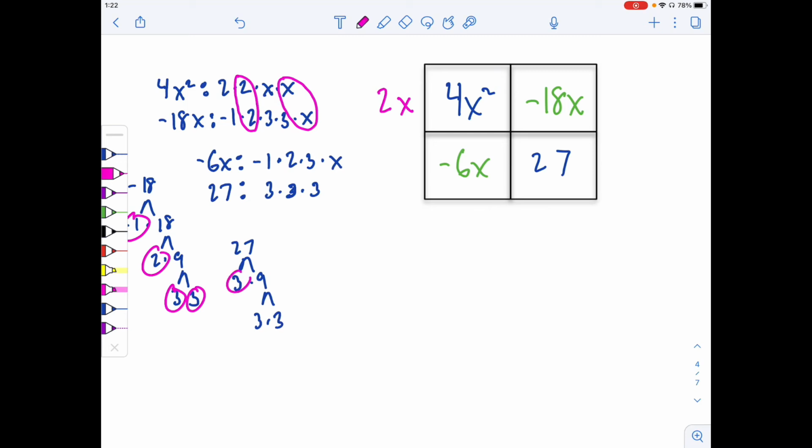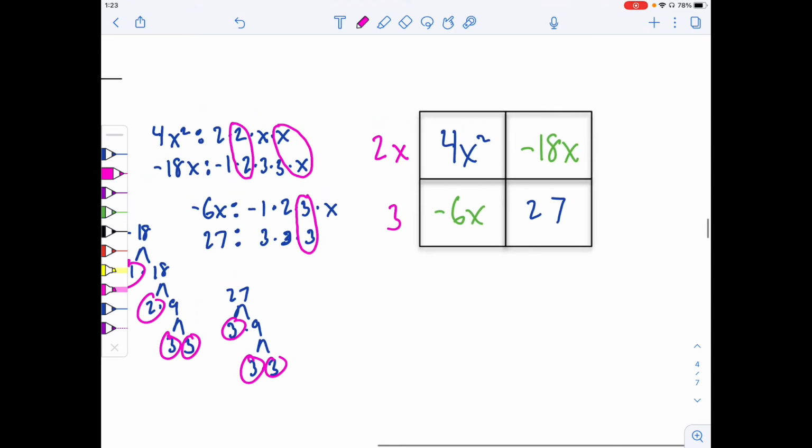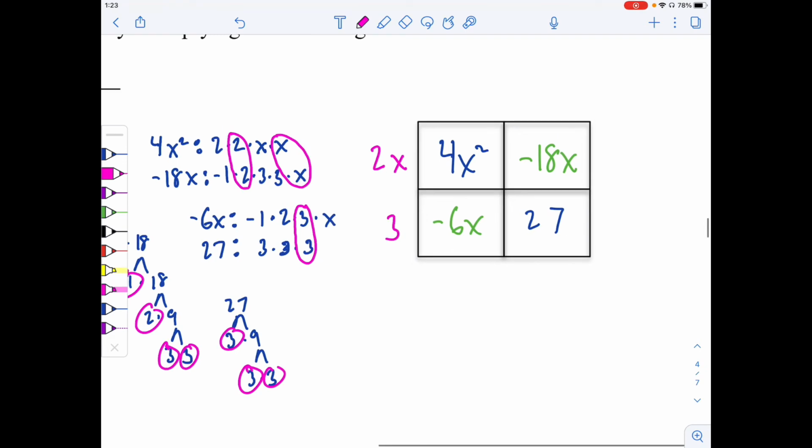Our common factor is only a 3. So positive 3.